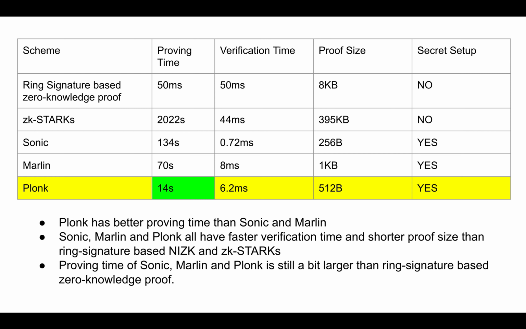And currently we are working on how to reduce the proving time such that it is more convenient to be used in our practical Zen network, such that the running time of the Zen network is more efficient.